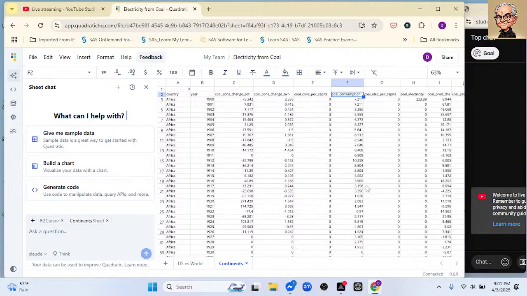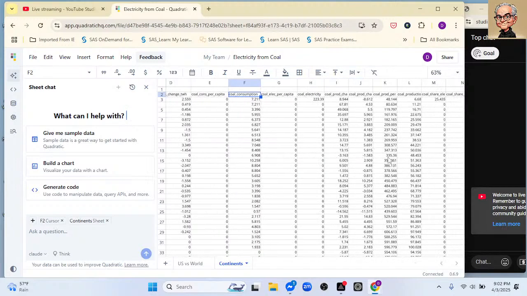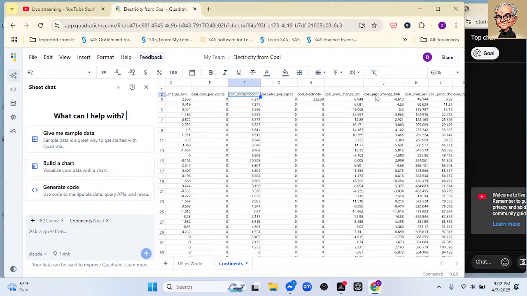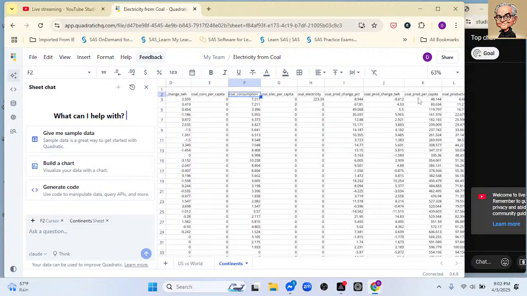Now the question is, outside the U.S., how much coal is actually being used? Let's go right a little more. Coal production change percentage. Coal production change terawatt hours. Coal production per capita.